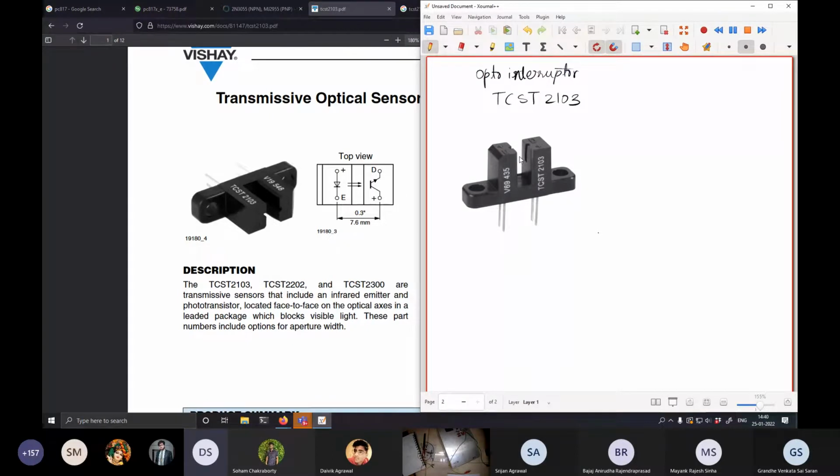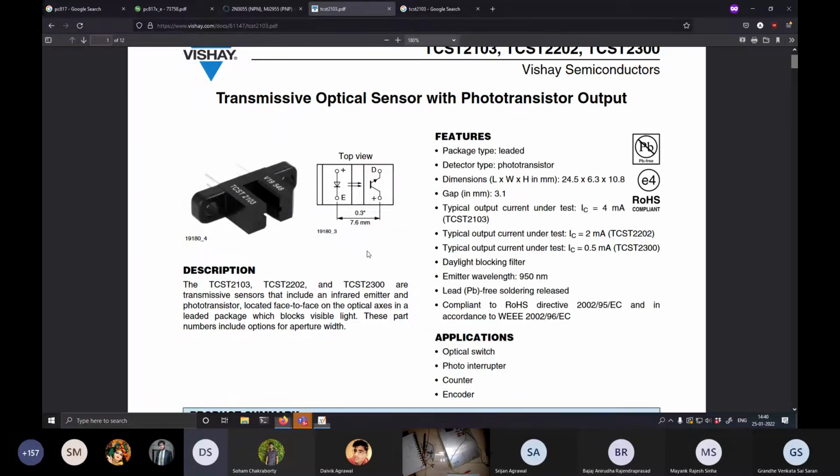You have to use this gap to expose or not expose the two limbs. And what does it consist of internally? It consists of an LED side and a photodiode side, the same thing that we had seen in an optocoupler.